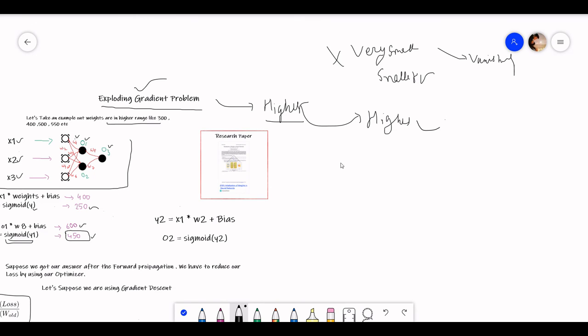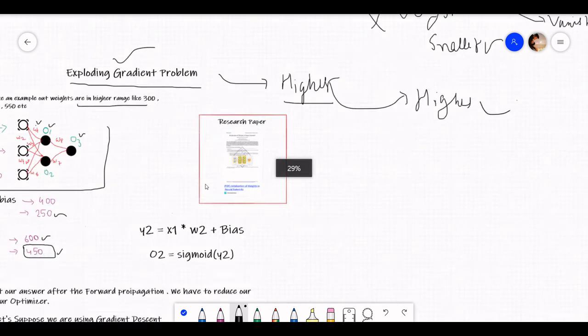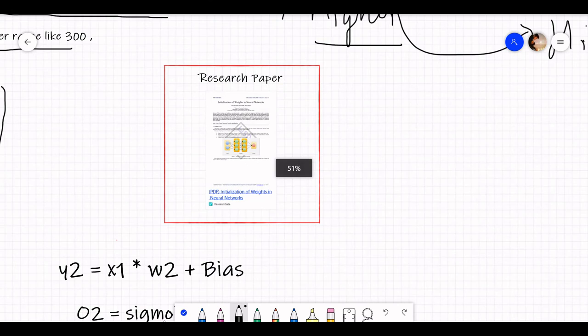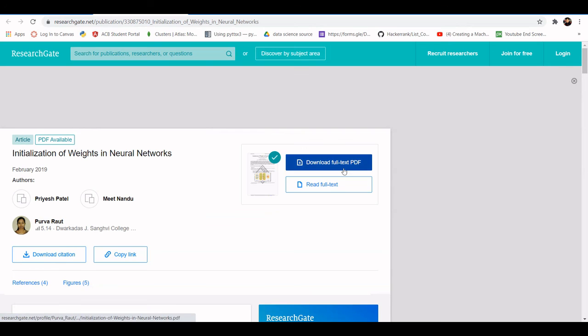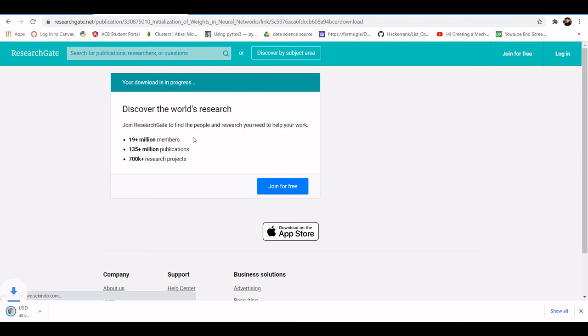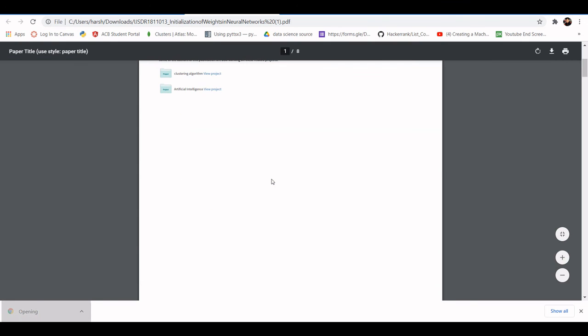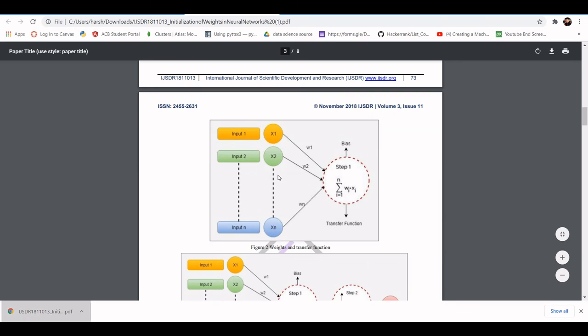So we have some weight initialization techniques. I have given the link of that research paper. If we take a look at that, we have to download this PDF. This is a research paper in which all the weight initialization techniques are written, that is, how we can initialize our weights.